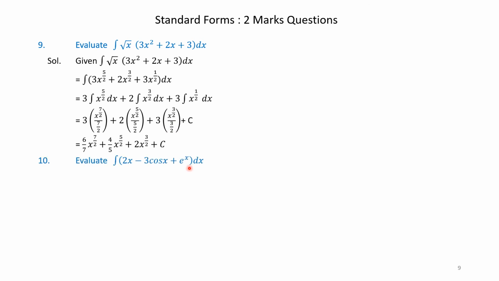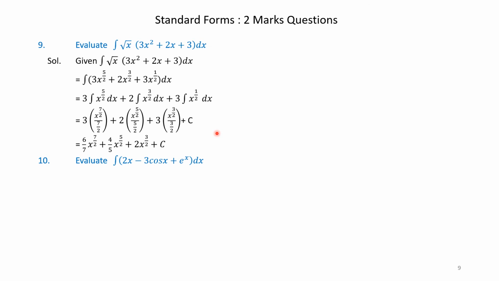Next problem. Evaluate integral 2x minus 3 cos x plus e to the power of x into dx. Hitherto, we were getting simple linear equations or quadratic or polynomials, with simple divisions and simplification. Now, we are getting the expression in terms of trigonometric and exponential functions.